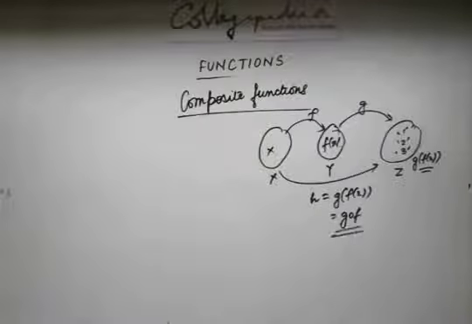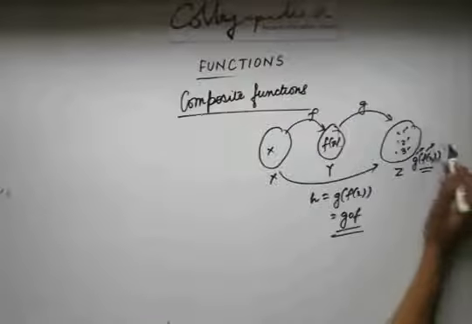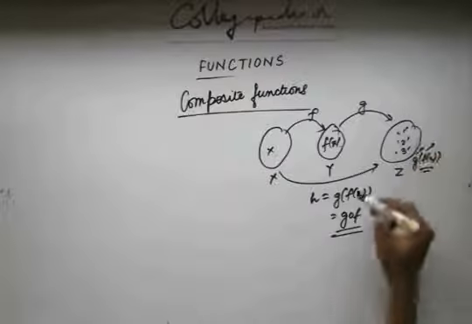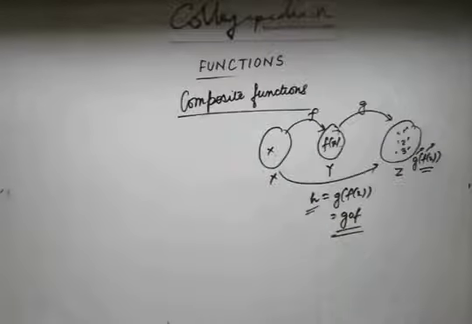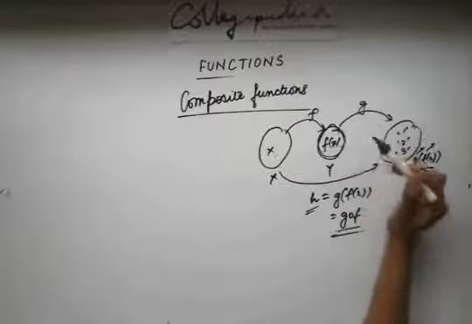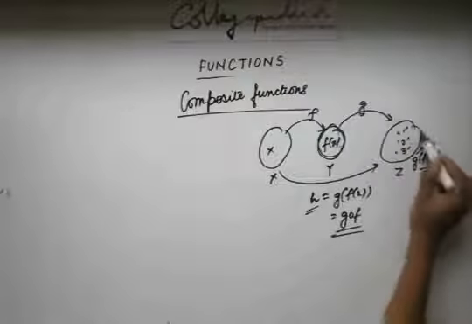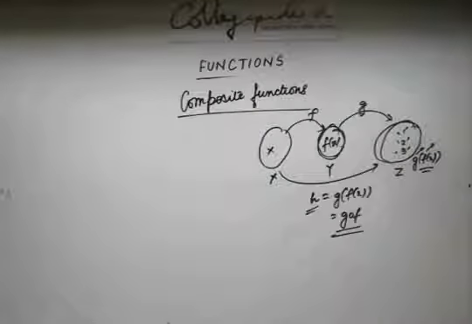Then this is known as the composite function, because we are taking first one function, then we are applying again a rule which is g, and then we are finding g of f(x) to finally get h. So this is how a composite function is defined. Now you can see that whatever was the range of f(x) is now the domain of g, and we get some different range of h.